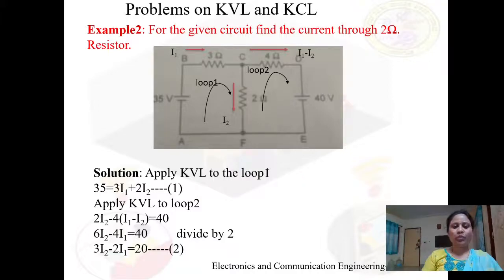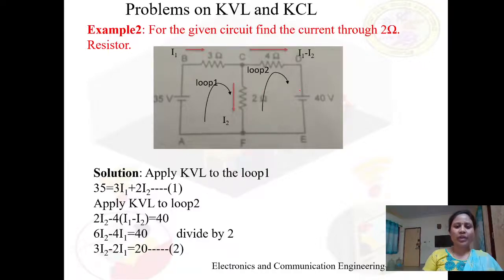Let me take one more example. So another simple example. For the given circuit, find the current through the 2 ohm resistor. Here again we have 2 loops in this circuit. Through loop 1, the current is assumed as I1, and through loop 2 we have assumed the current as I1 minus I2, and through the 2 ohm resistor the current flowing is I2.